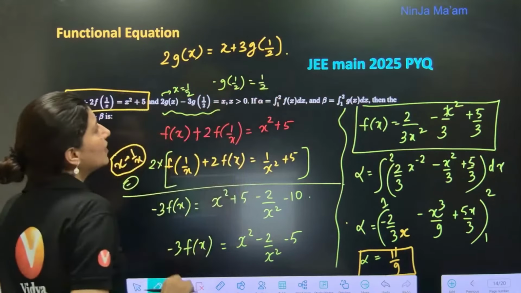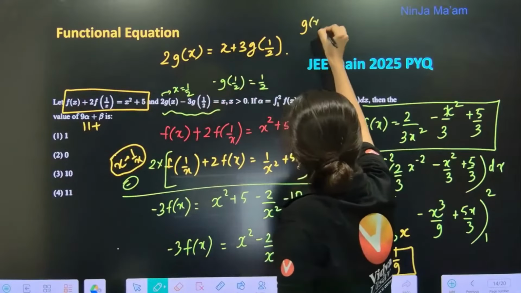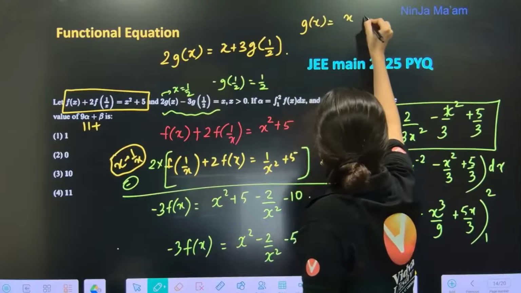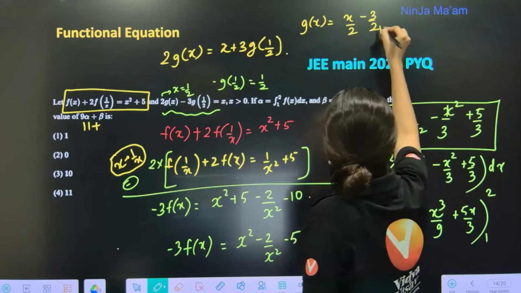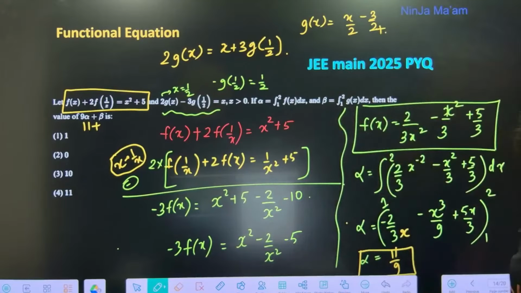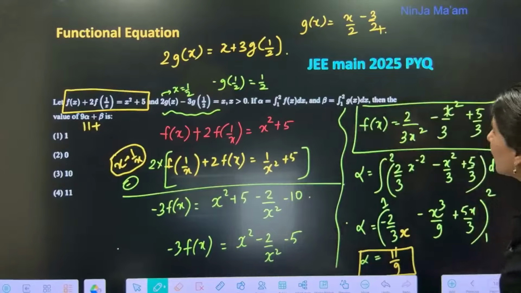So g of half is minus half. Put minus half over here. So your g of x will be x and minus 3 by 2 upon 2, x by 2 minus 3 by 4. So x by 2 minus 3 by 4, my dear students, is your g of x.